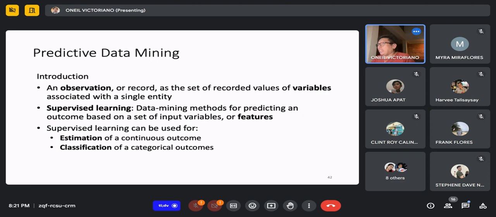Now we'll have predictive. This is structured. So in the structured, there would be observation, and this is supervised learning. The supervised learning will have continuous estimates and classification.